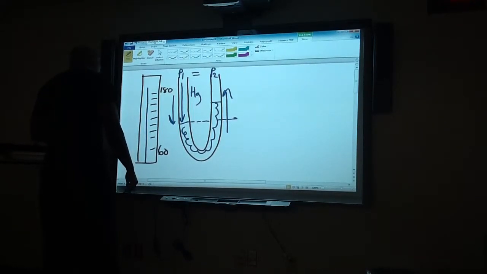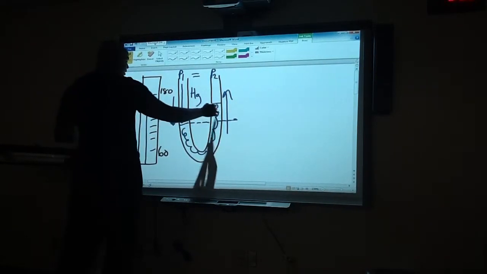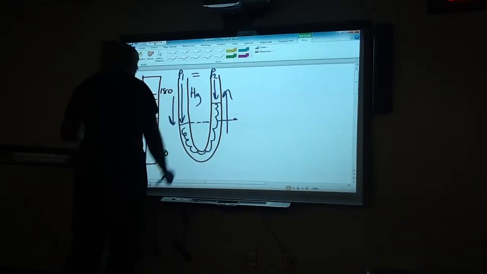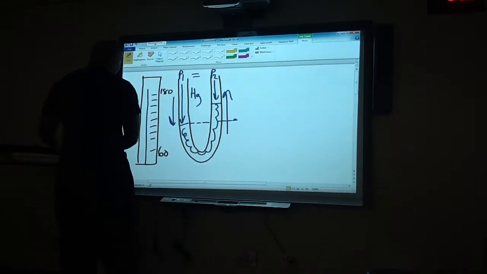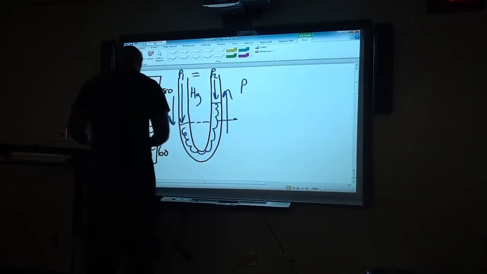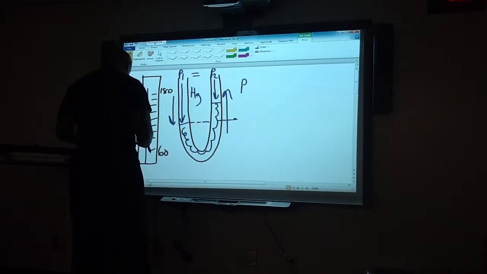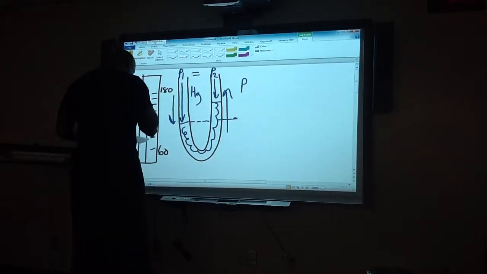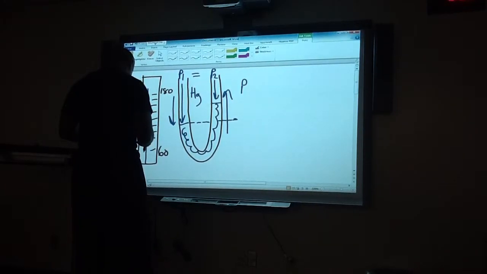Now, there's pressure in the fluid, in the mercury, and there's pressure on top of the mercury. So we can say that P, pressure, and we can go ahead and determine whichever side has the lower fluid level has the highest pressure.